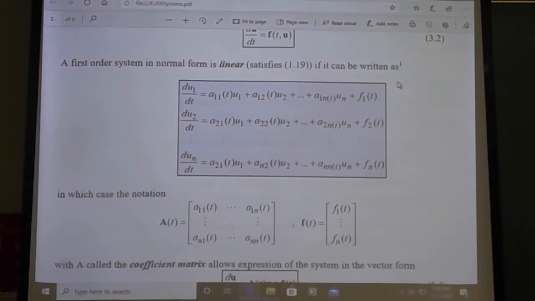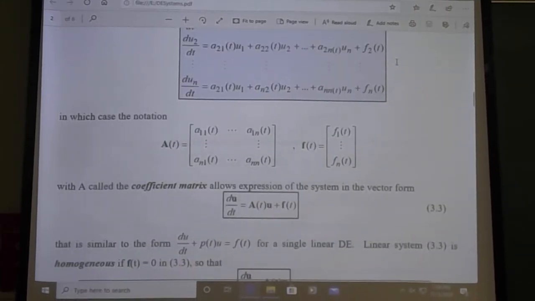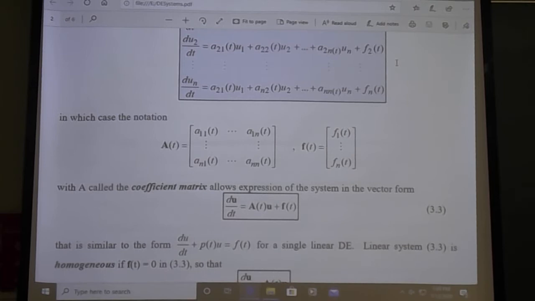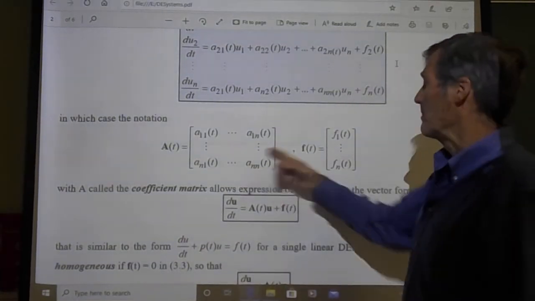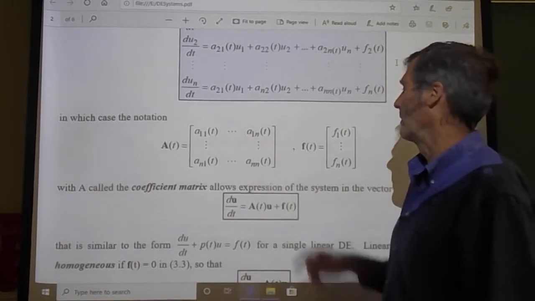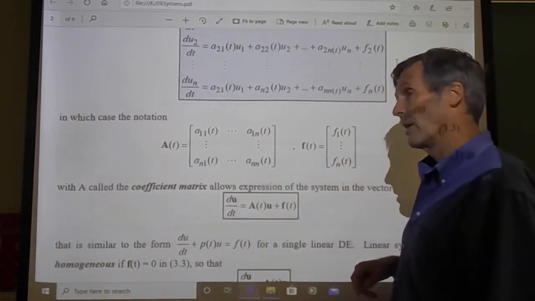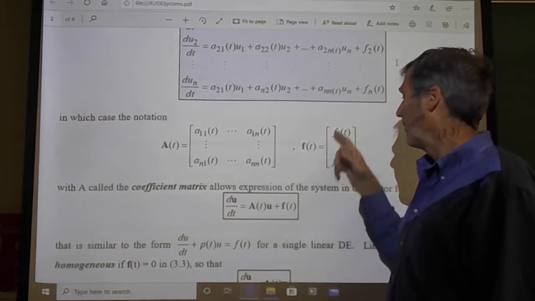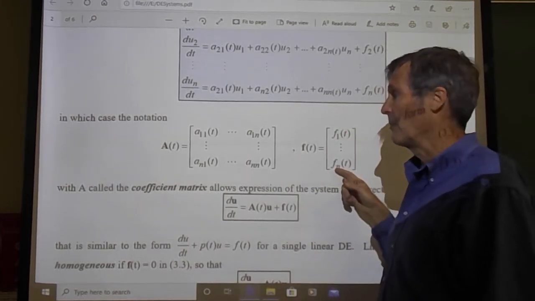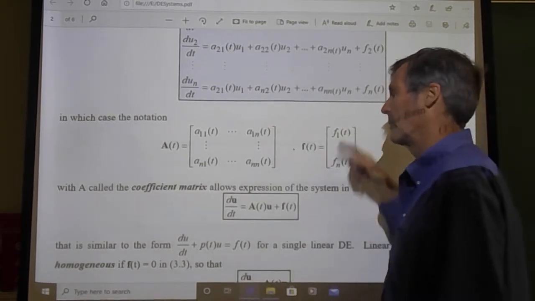All right, so that's the brief notation, because if we make these definitions that A denotes this n by n array of numbers and F denotes this n row, one column, n by 1 vector. A vector, by the way, is just an n by 1 matrix. It's a matrix with one column, or you can have a row vector with one row.